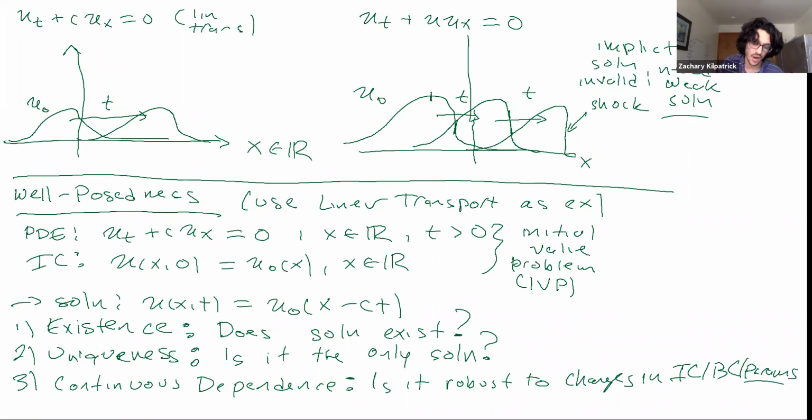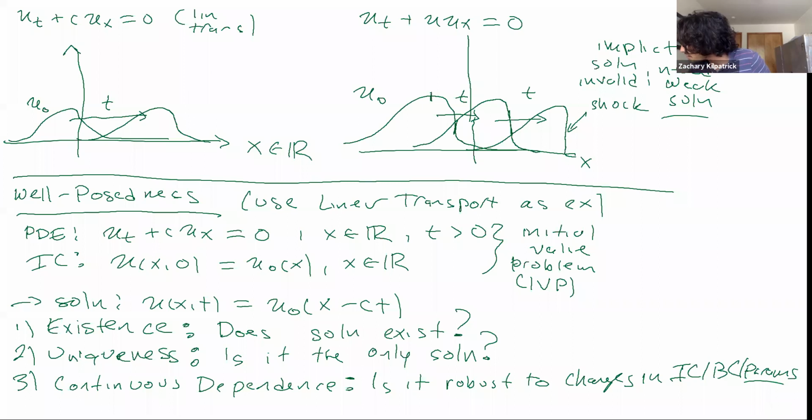Model parameters, like c in this case, would be the speed of the transport equation. So these are our 3 conditions. And what we're going to build up in the first few weeks of the course, even up to a couple months, is methods for checking these things in some canonical PDEs that we'll come across, in addition to just being able to find solutions at all.